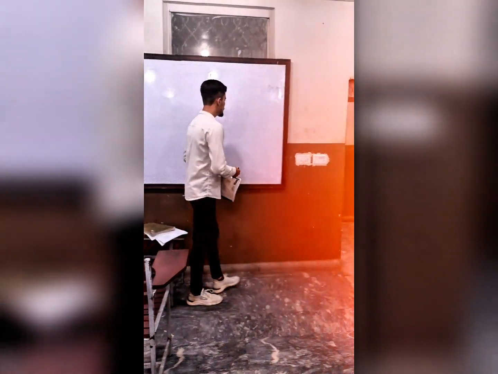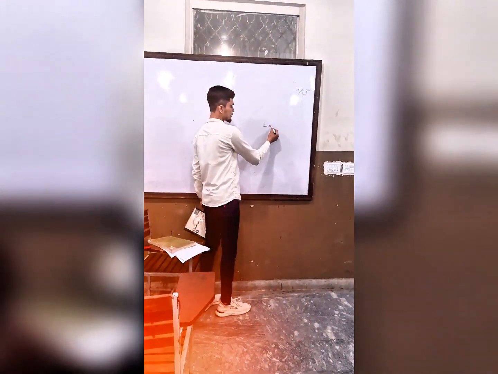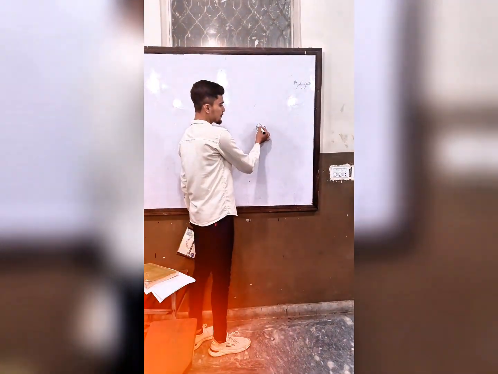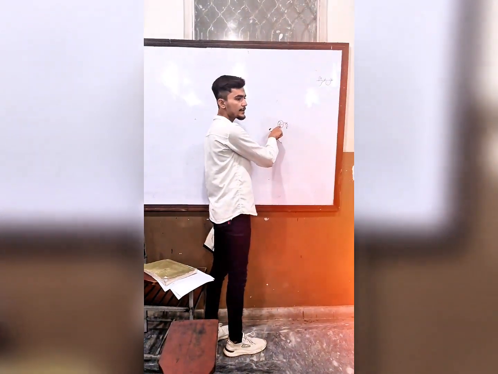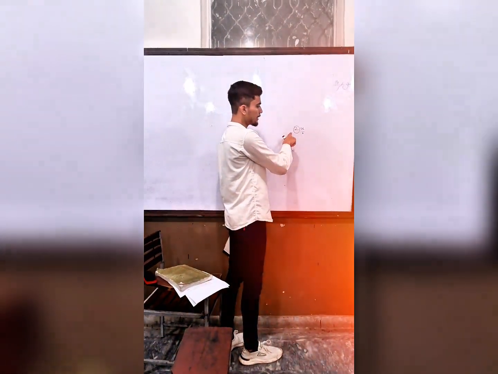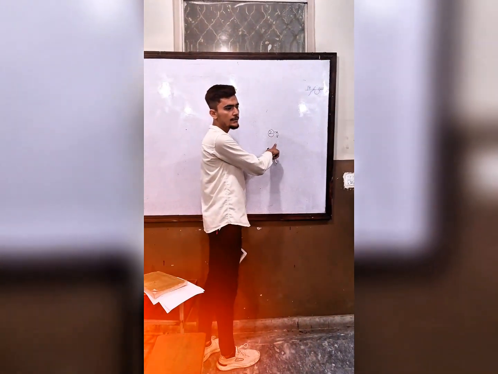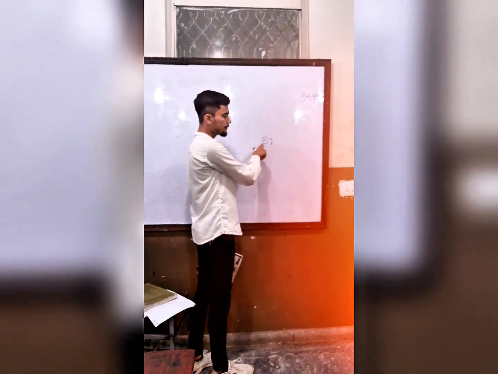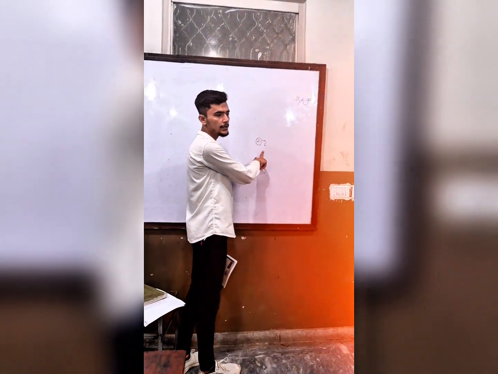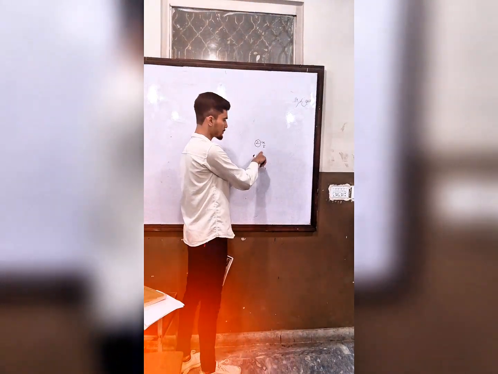For example, 2x. x is a variable, 2 is the coefficient. Why do we call it a coefficient? Because it is written with the variable. So a coefficient means how many times the variable came in the equation.